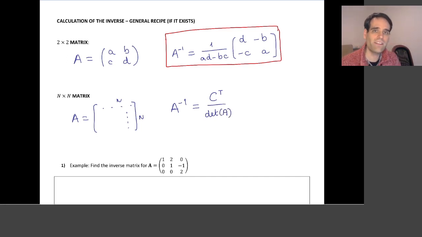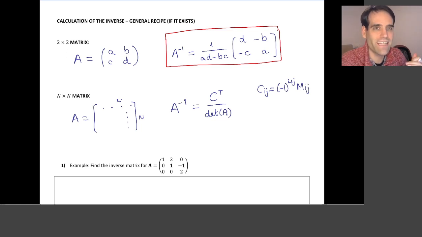Now, if you remember, the matrix of the cofactors is something you saw when we were studying the calculation of determinants in the Laplace expansion. Actually, you saw that the element in the ith row and the jth column of this cofactor matrix is equal to minus 1 to the i plus j times the minor for that element.